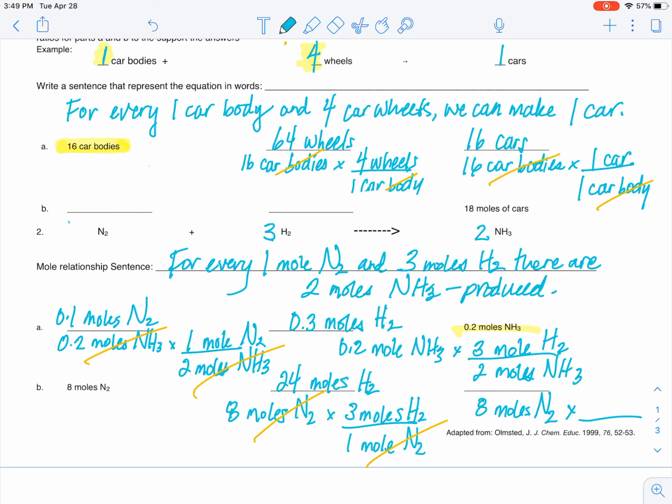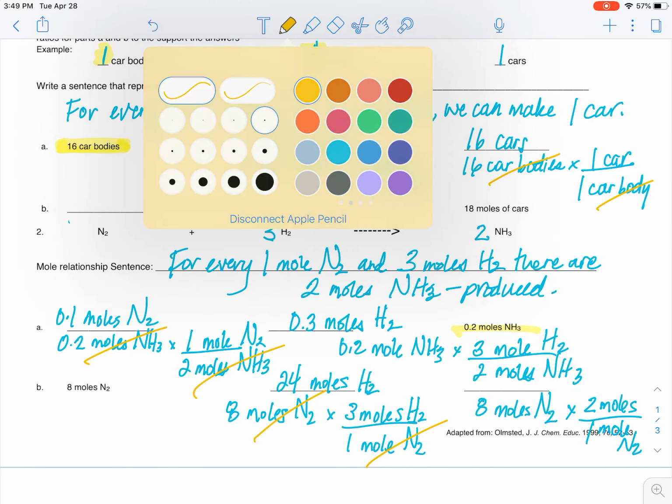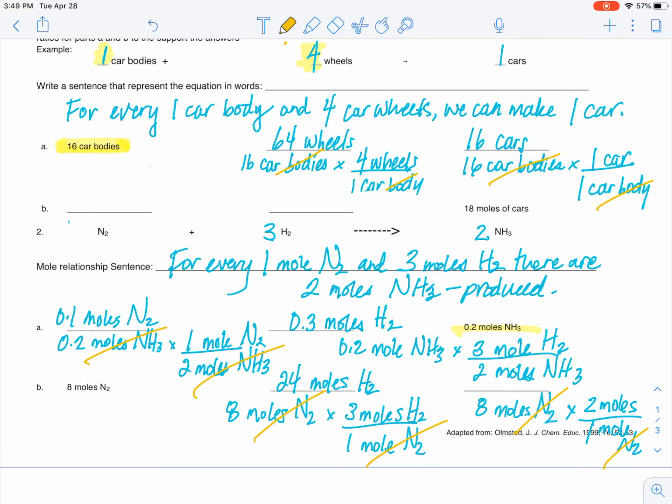8 moles of nitrogen to moles of ammonia. And so here the ratio is for every 1 mole of nitrogen, sorry, I'm running out of room, you are producing 2 moles of NH3. Again, nitrogen cancels. You're left with moles of NH3.